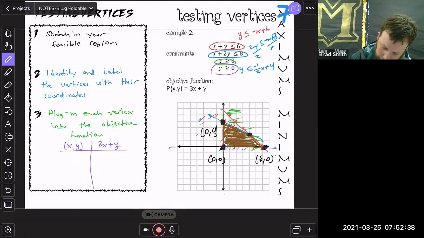This point right here is 4, 2. So I'm going to come over here to my chart, and those are the points I'm going to use. It doesn't matter what order you do it. 0, 0, 6, 0, 4, 2, 0, 4.